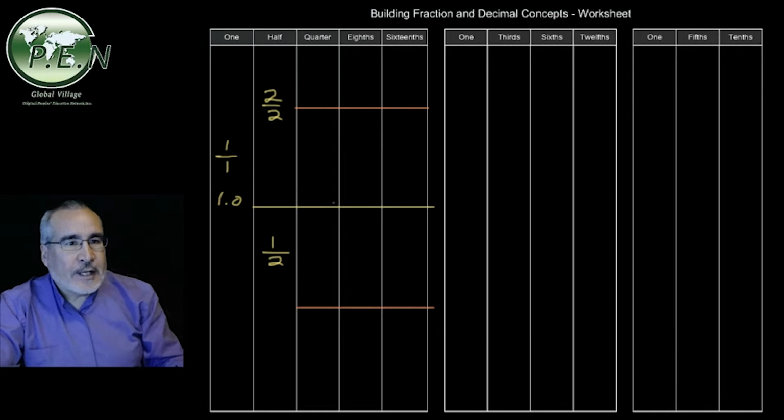And so what we now have is 4 pieces, and we will name them 1 out of 4 or 1/4, 2 out of 4 or 2/4, 3 out of 4 or 3/4, and 4 out of 4 or 4/4. So we see we're back to a whole.